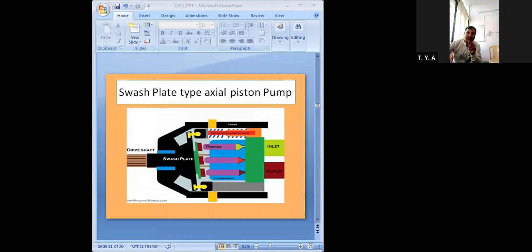Hence your fluid will be discharged. Now again, I will show a small video for better understanding, a colorful diagram of the swash plate type axial piston pump.